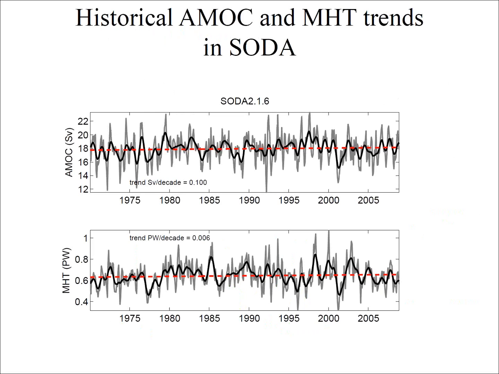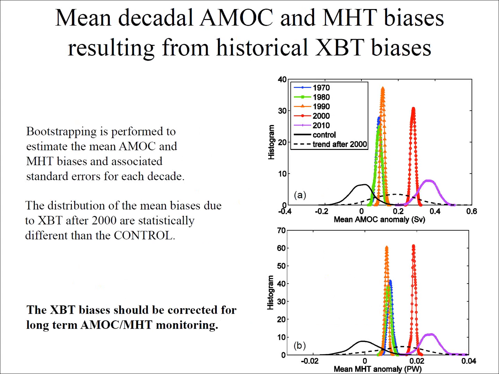For example, SODA goes all the way down to even before 1970. So I tried to estimate this trend. It is like 0.1 sverdrups per decade for the AMOC, and 0.006 petawatts for the heat transport. So adding this over time is not statistically significant, and that's what we want to show here in this last plot.